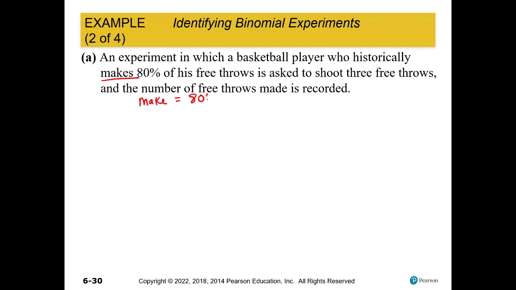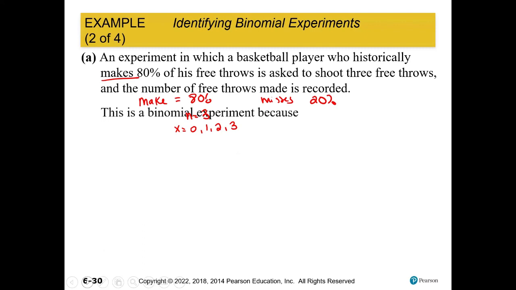So makes 80%, misses 20% of the time. He is asked to shoot 3 of them. 3 independent trials. He could make, possibilities, none of them, 1 of them, 2 of them, or all 3. And this makes it a binomial experiment.